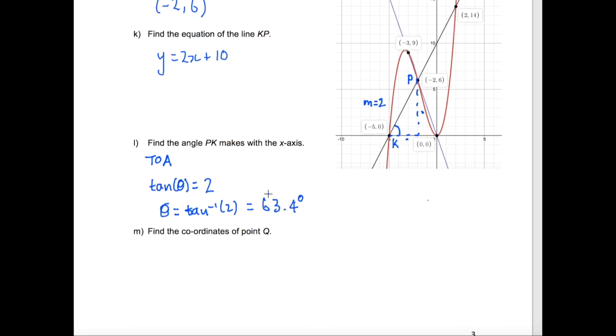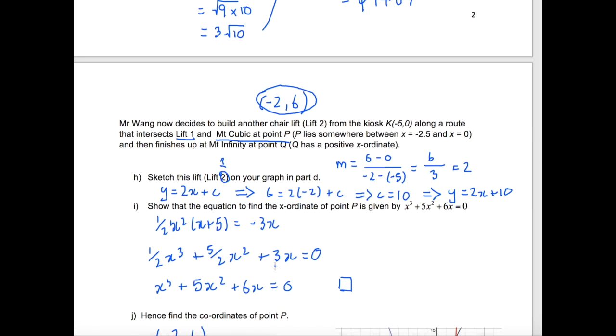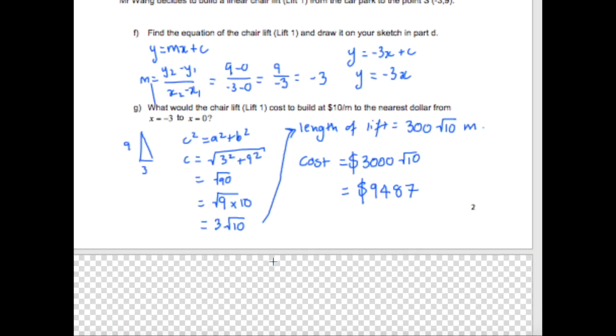Find the coordinates of point Q. This graph is what your graph on your calculator should start to look like. To find point Q, 2x plus 10, which is our black line, is equal to the cubic, which is a half x squared times x plus 5.